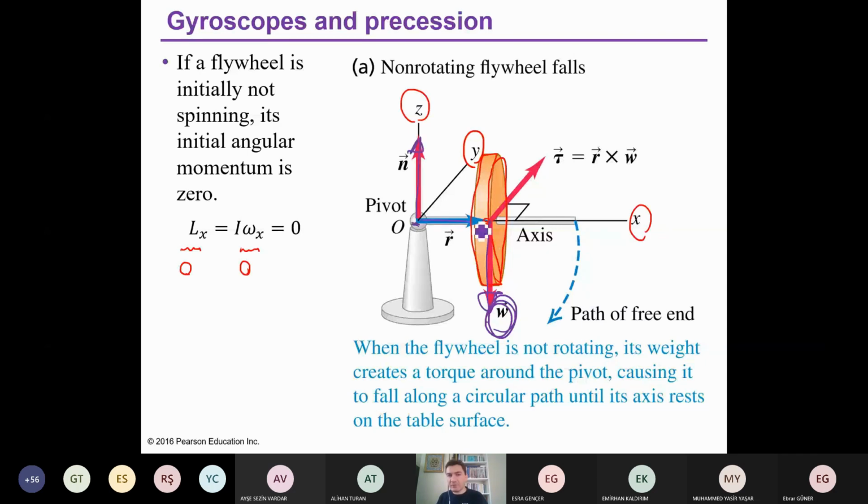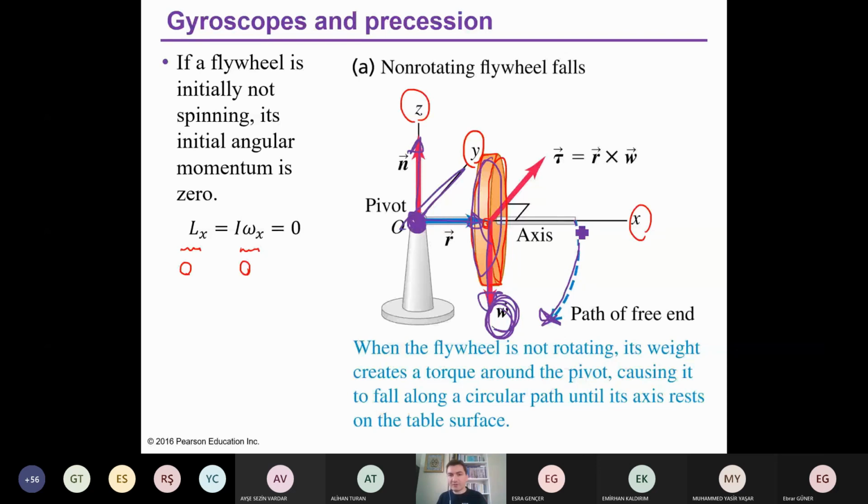This is the lever arm for the weight. If you consider this as the rotation axis, the flywheel will move like this, it will rotate around this axis and it will go down.